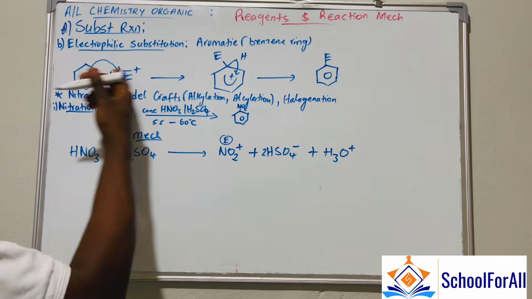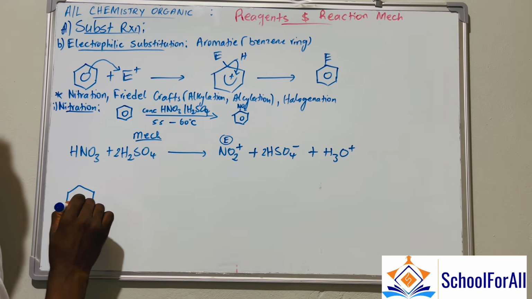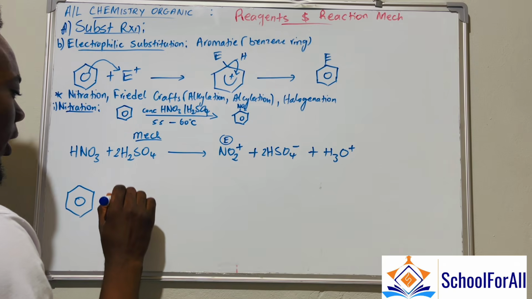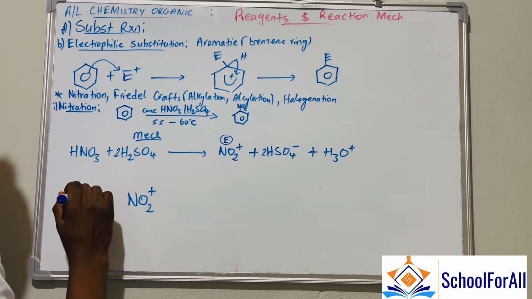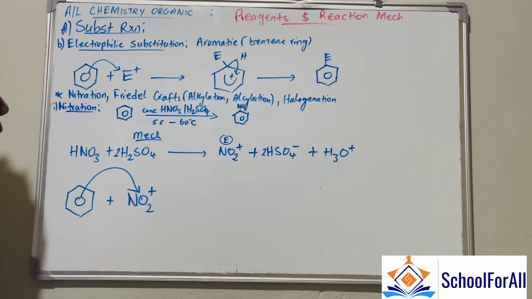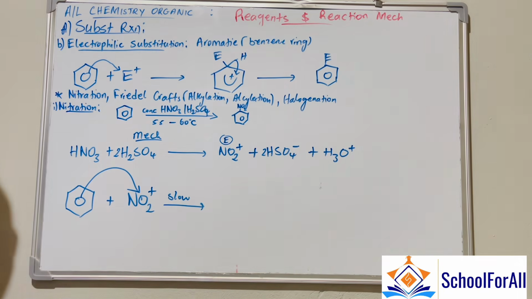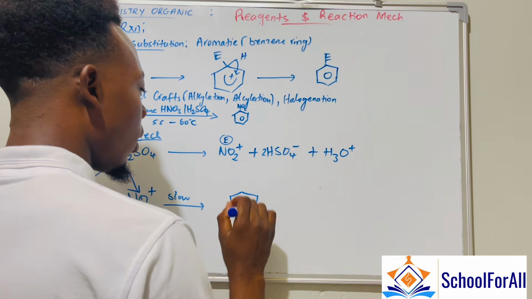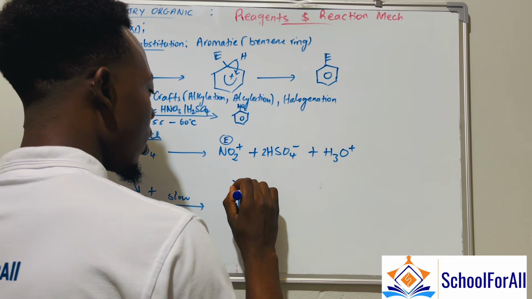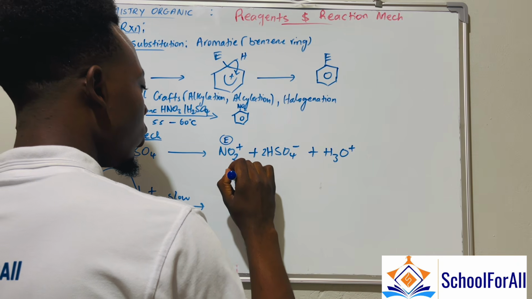Following this mechanism, which is very simple, I'll have my benzene ring and my electrophile. This ring full of electrons will be attacked by the electrophile. This is automatically my slow step. I will produce an intermediate species which has a plus here and NO2 here.